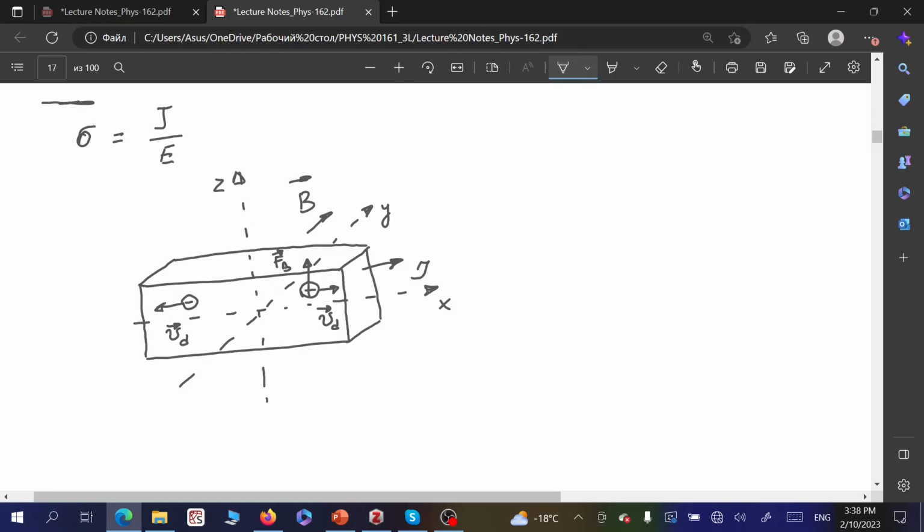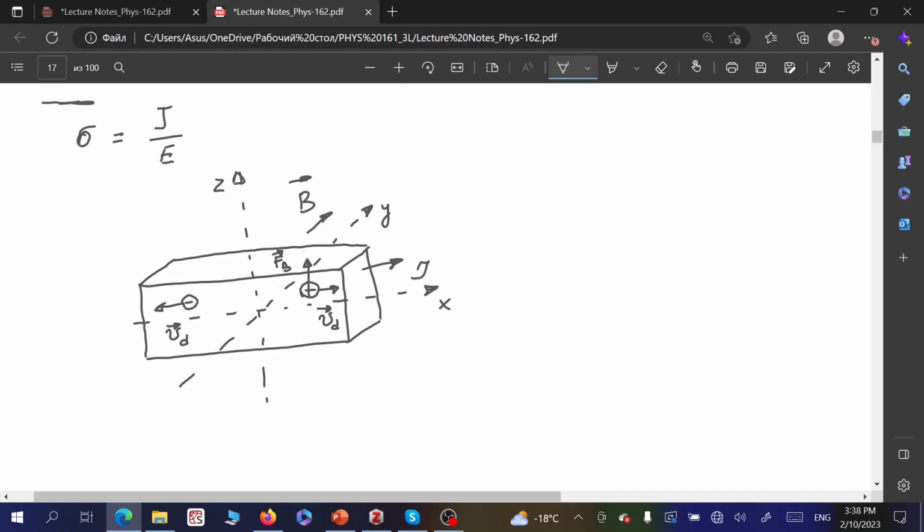So we have different orientation of the drift velocity, and we also need to consider the fact that we have negative electric charge.